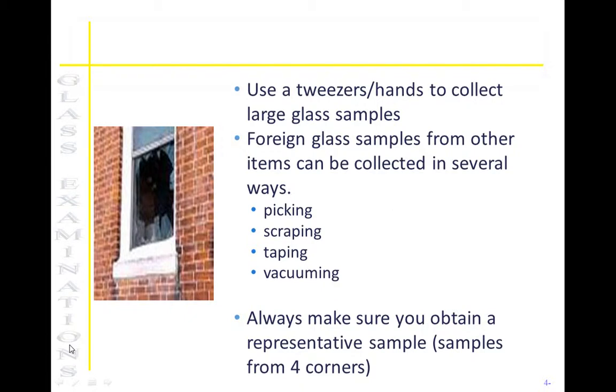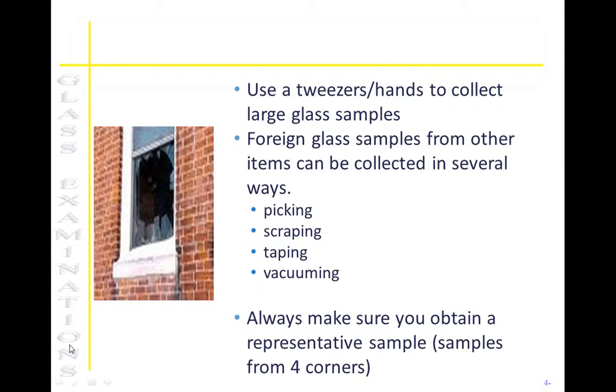You always need to remember to collect known samples if you're at a crime laboratory. If you're wanting to do the glass examinations to determine the side that the glass was broken from, you need to make sure that you collect the entire window itself, and then also mark from the frame a couple of the pieces, which side is actually inside and which side is outside.